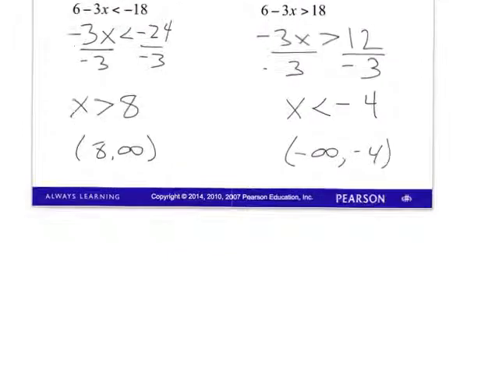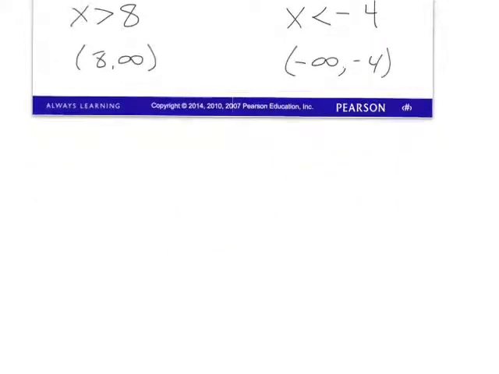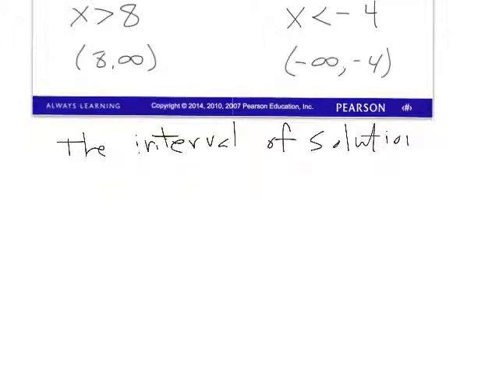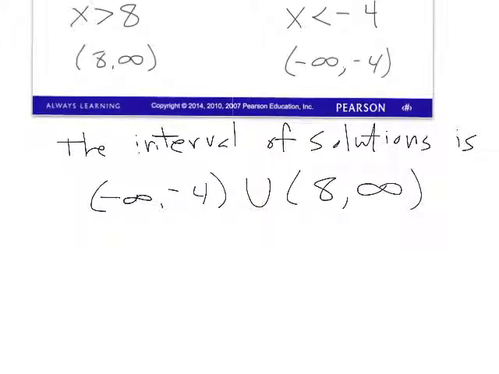So if I want to write this as a single interval, the interval of solution is, well, I would use a union. It's negative infinity to negative 4 union 8 to infinity.